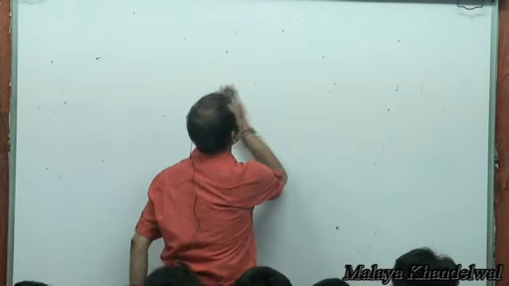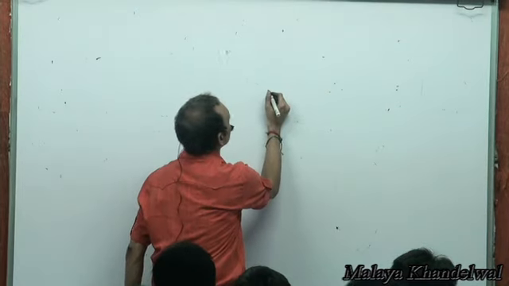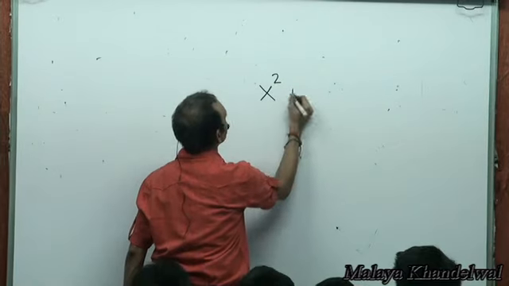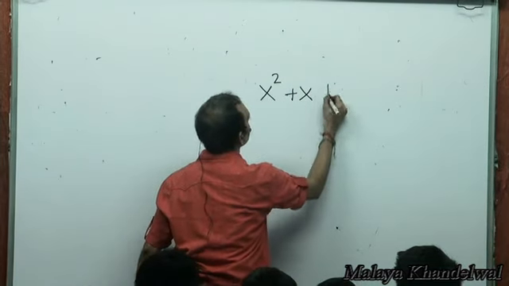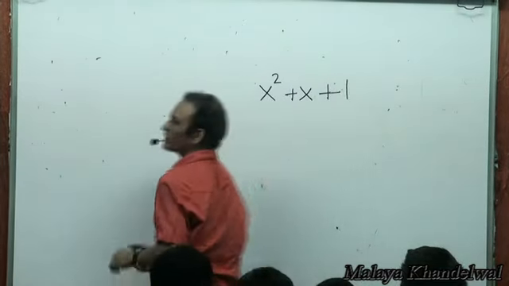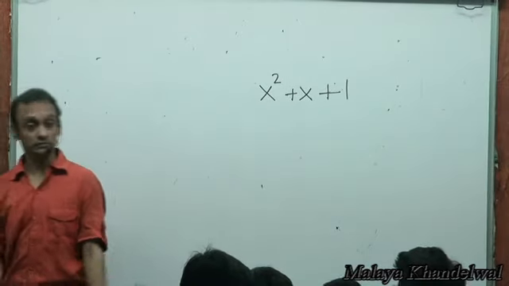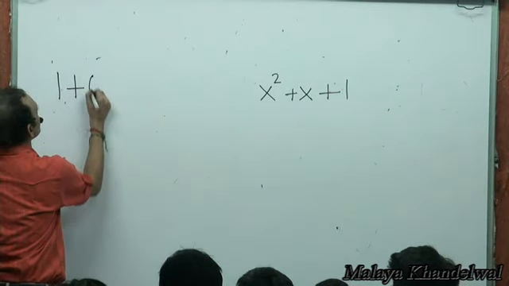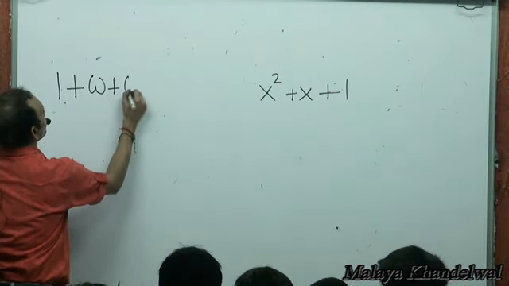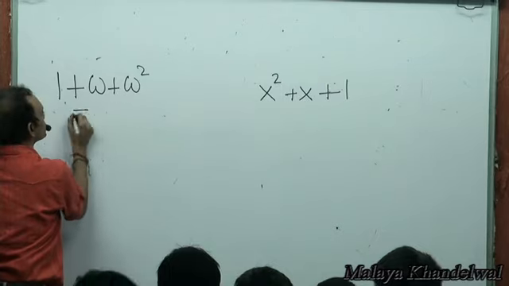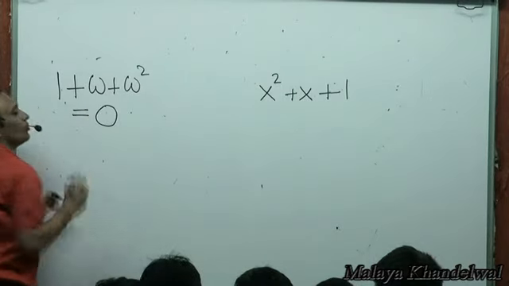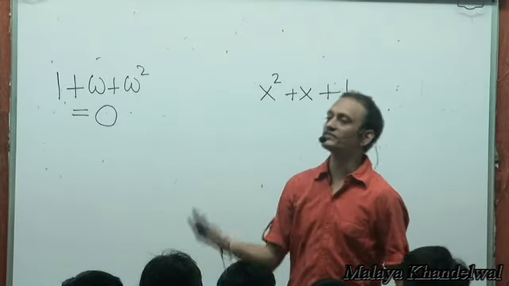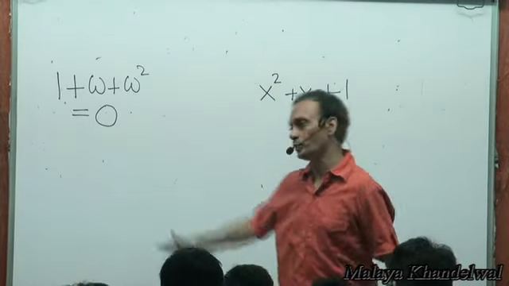See, for example, if you had an expression like x squared plus x plus 1, realize that 1 plus omega plus omega squared is 0. These are the three cube roots of unity. Omega is e power i 2 pi by 3. Omega squared is e power i 4 pi by 3, which is the same as e power minus i 2 pi by 3.